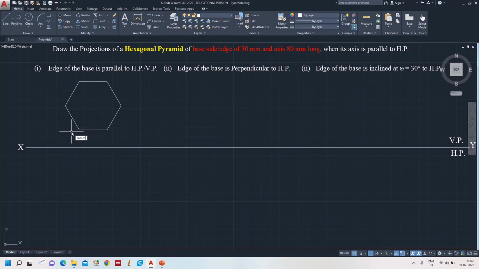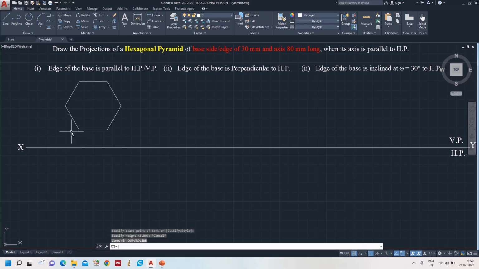First I will activate the command line. Text: A dash, B dash, C dash.